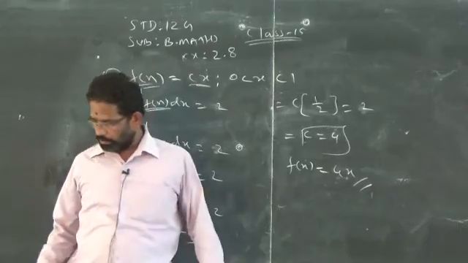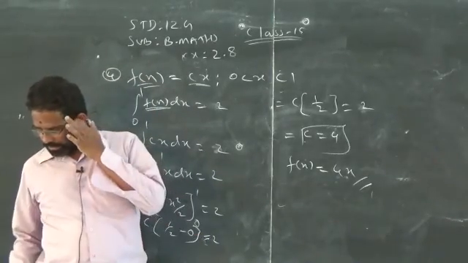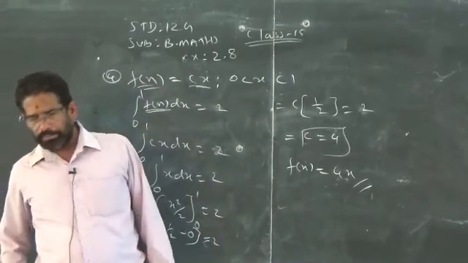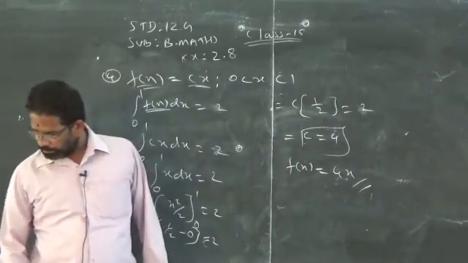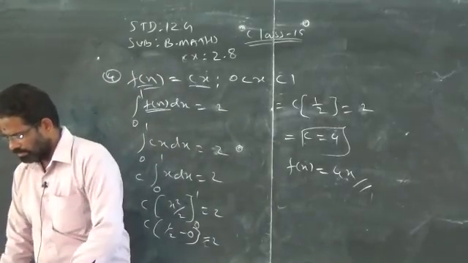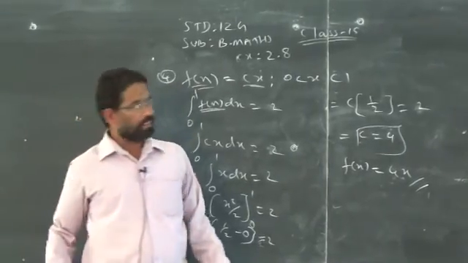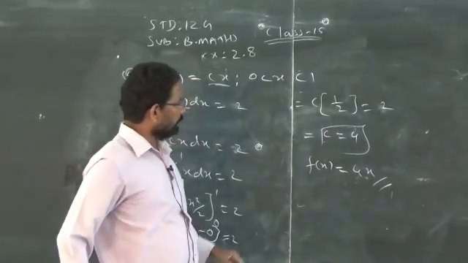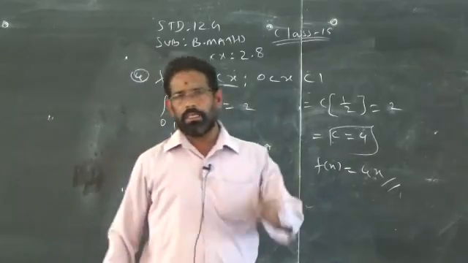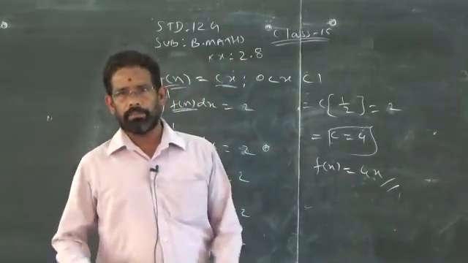Clear? Tomorrow in the next class you will see exercise number 2.9, using some properties of definite integrals. That is also very simple. So don't think that integration is so difficult. It will be very simple. You only have to work it out and remember the 5 conditions. Clear? Thank you, boys.